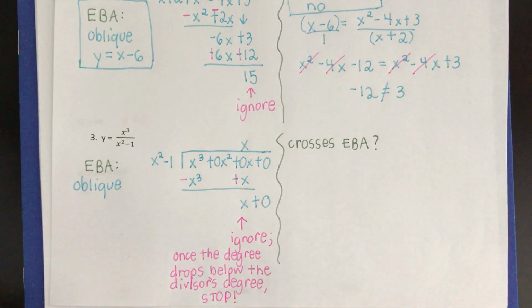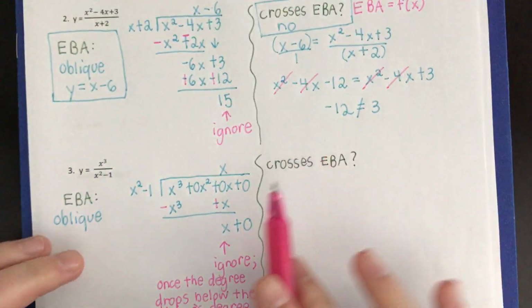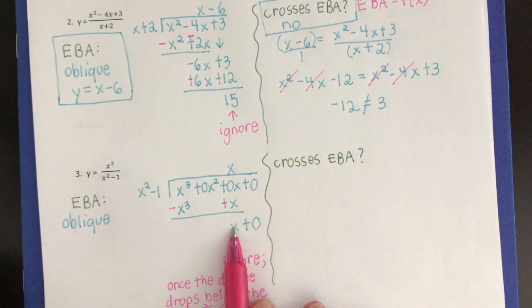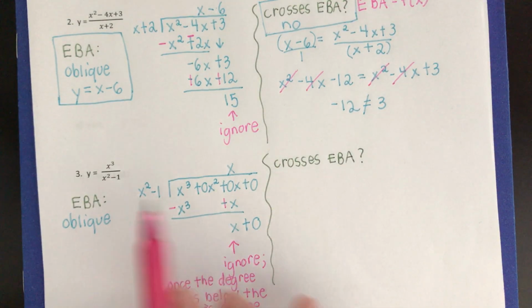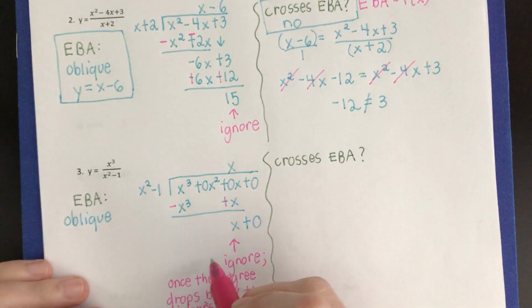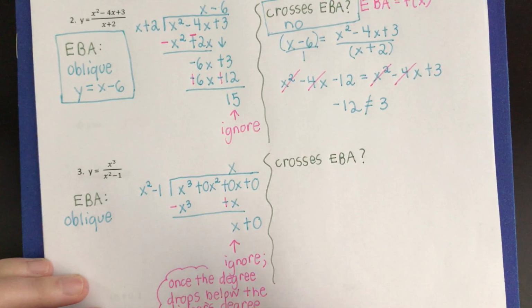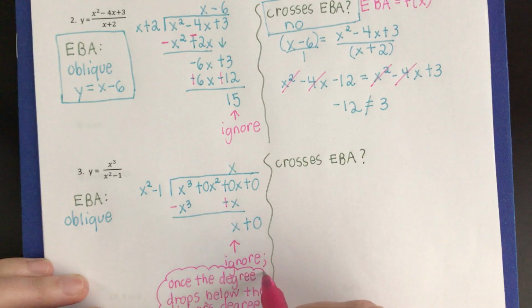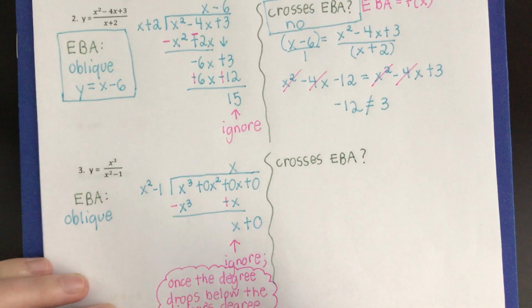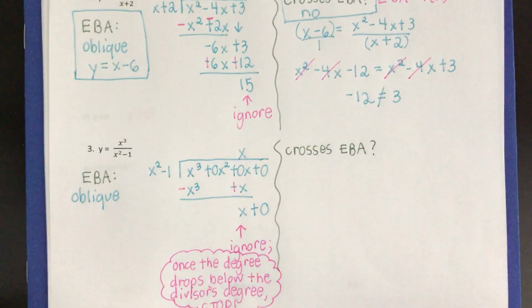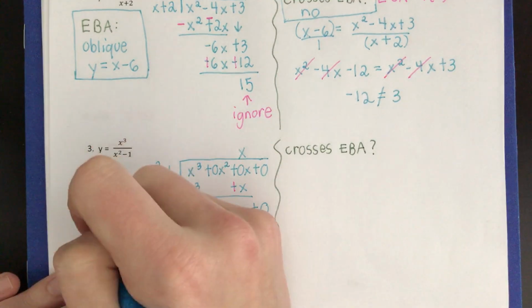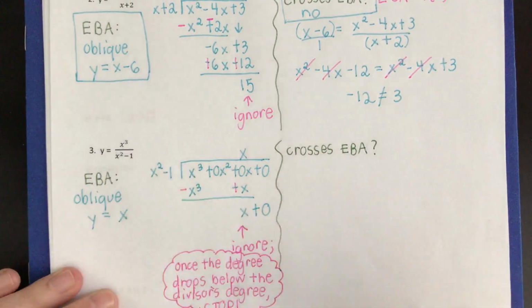So that's kind of like what I was talking about here. Now, I know we still have room to go, but once this degree is less than the divisor's, we're done. Okay, so bubble this up. Okay, so then our oblique asymptote is y equals x.